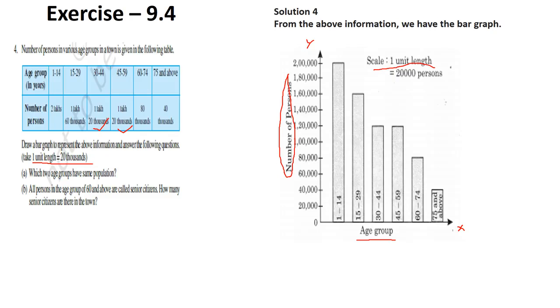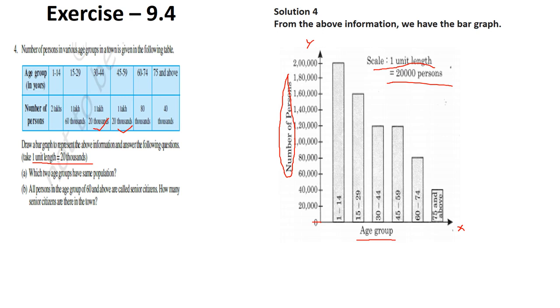It is given in the question, so we have not made any choice. We don't have any choice. See, this vertex is 0, and from 0 to the first part it is 20,000, because we are taking the gap of 20, then 40, then 60, 80, 1 lakh, 1,20,000, 1,40,000, 1,60,000, 1,80,000 and 2 lakh.